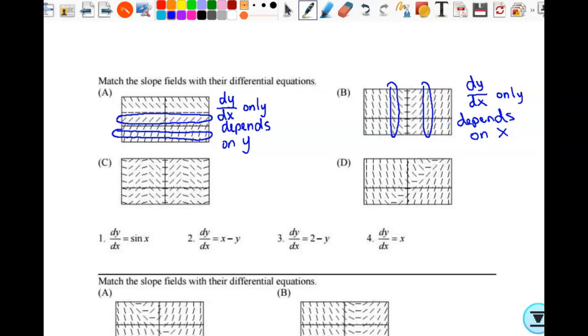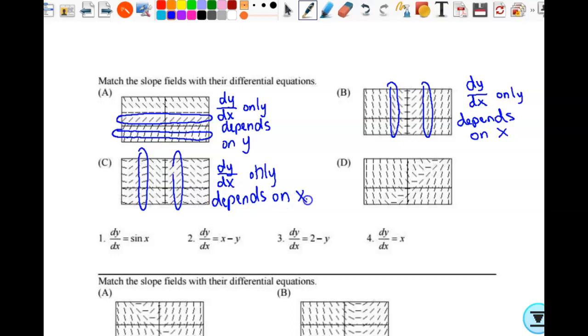All right, what do we notice on C? Same thing. I can find any vertical line, so any x equals line, all the slopes are the same. So again, we have a differential equation that only depends on the x coordinate.